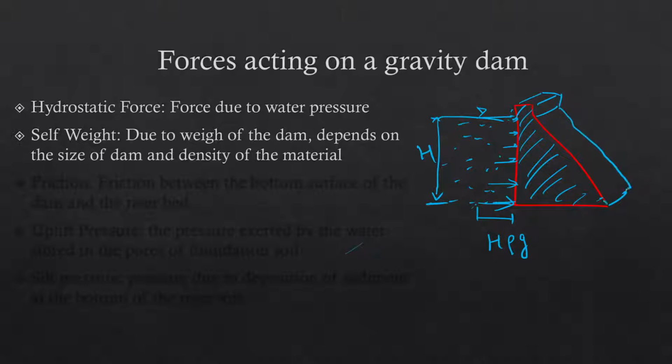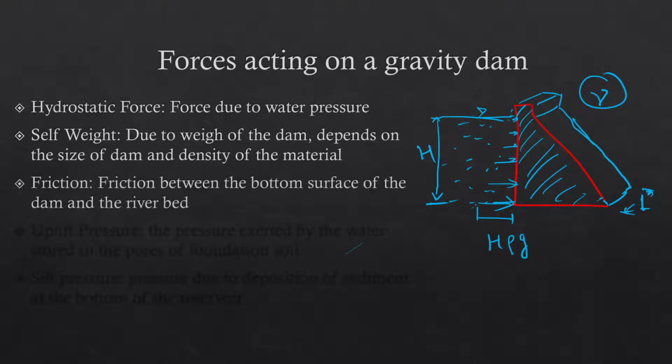And for simple calculations, instead of the total length, we only take unit length. So weight per unit length of the dam we can calculate just by calculating this volume and multiplying it with gamma, or specific weight of the material, which is concrete or masonry.